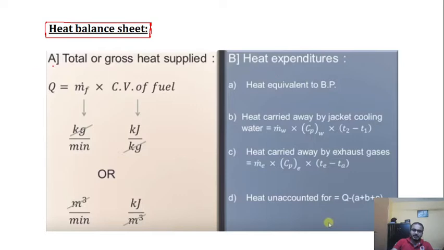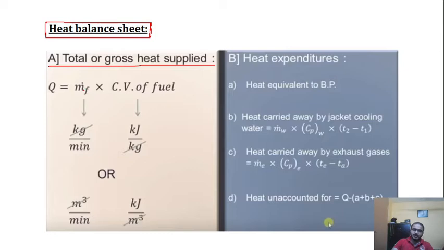First component is total or gross heat applied, gross heat supplied. So we were discussing this in our definition of brake thermal efficiency, that in the denominator we have the supply of heat, that is Q, which is given by mf dot into Cv of fuel.